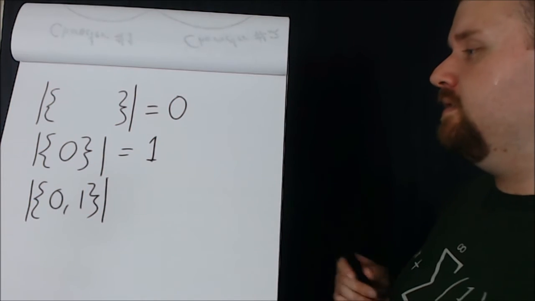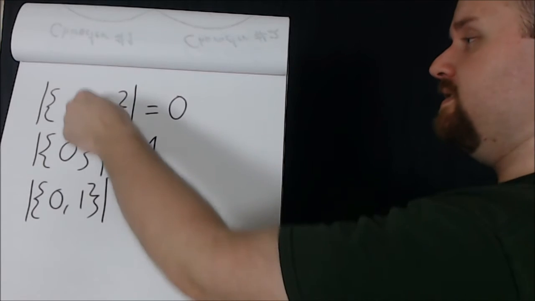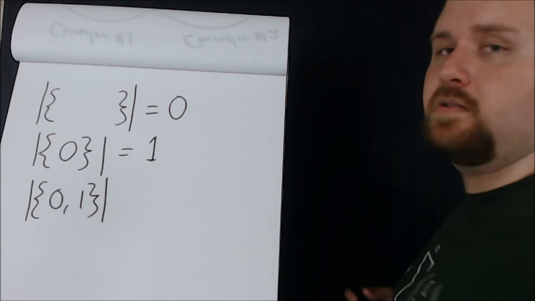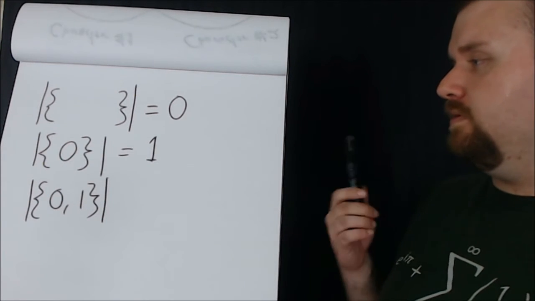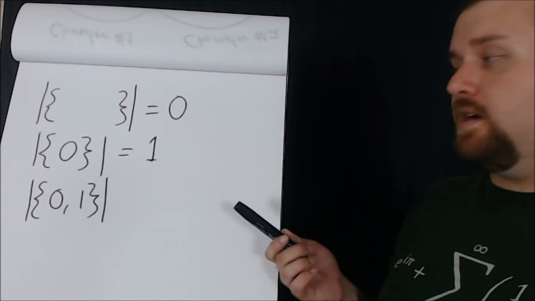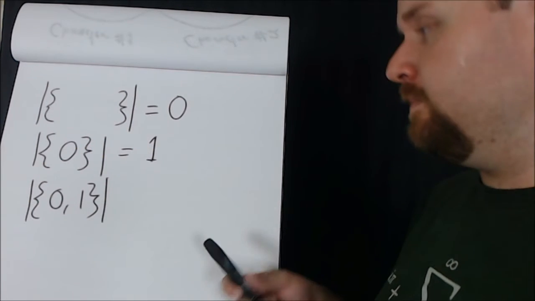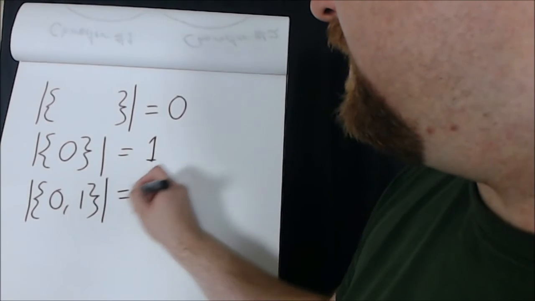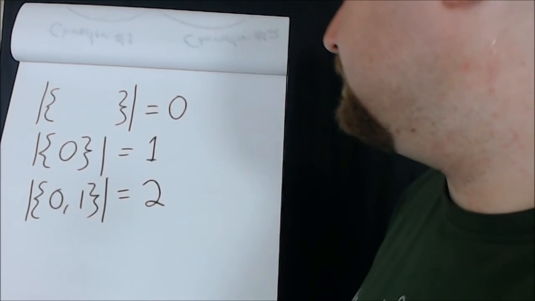Now this new set doesn't have a one-to-one correspondence with this set or with that set. So this is a new cardinality, and I'm going to call this one 2. And we write it like this.